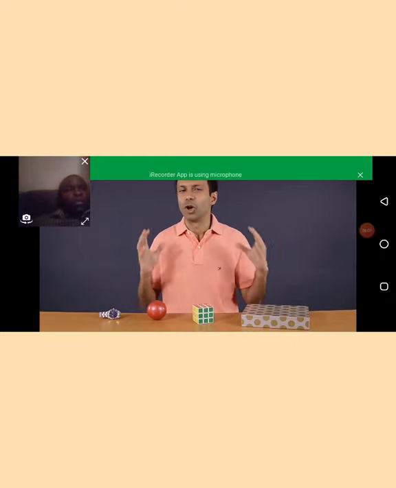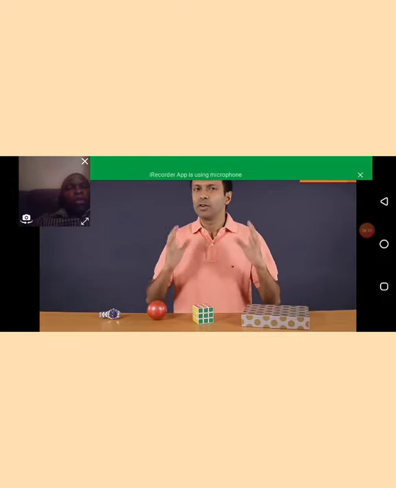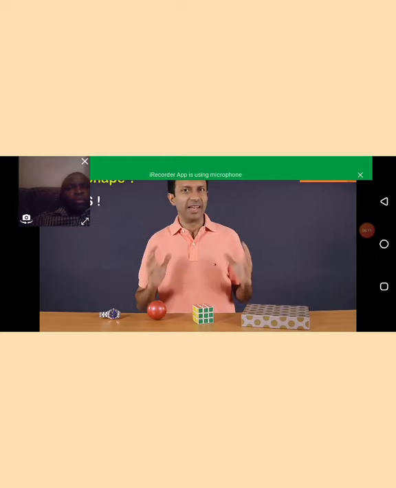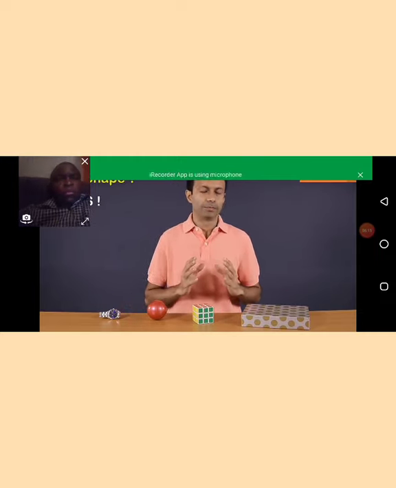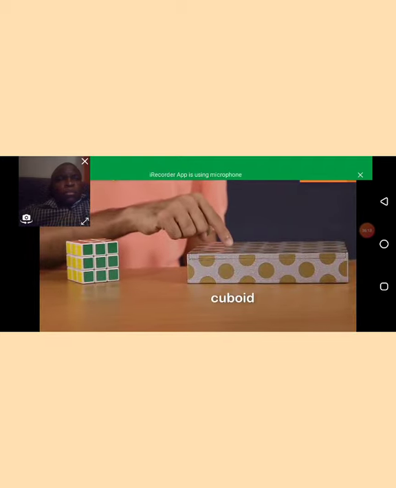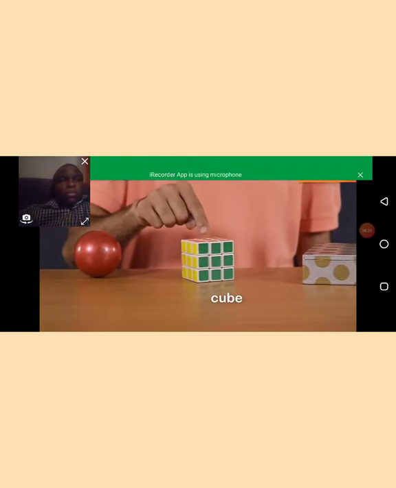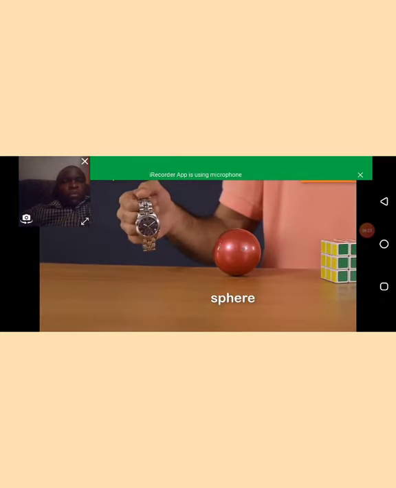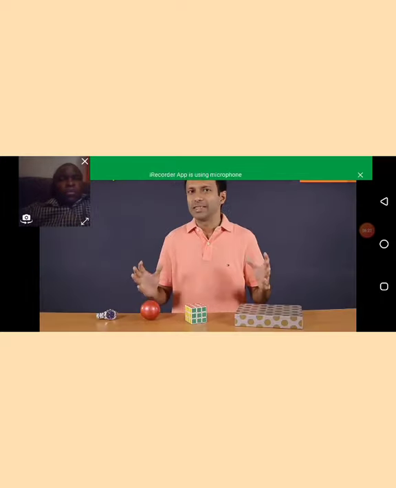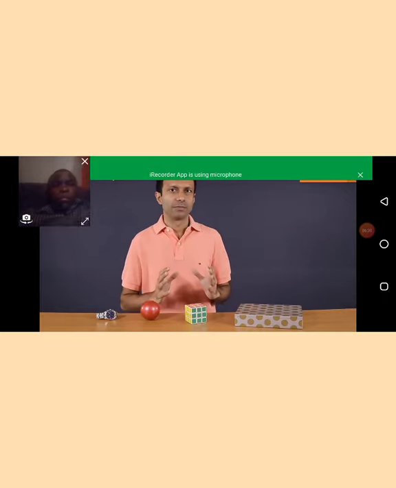Let's start with solids. Do solids have a fixed shape? Yes. As you can see here, they have a fixed shape. This is a cuboid. This is a cube. This is a sphere. And my watch has an irregular shape. So for solids, the shape does not change.